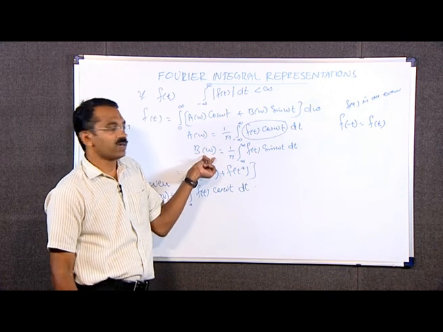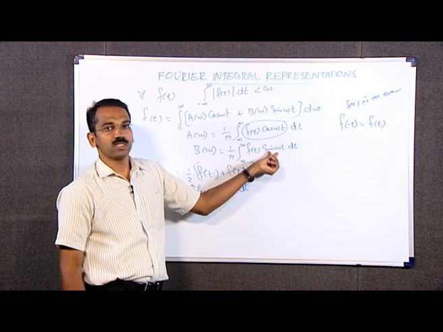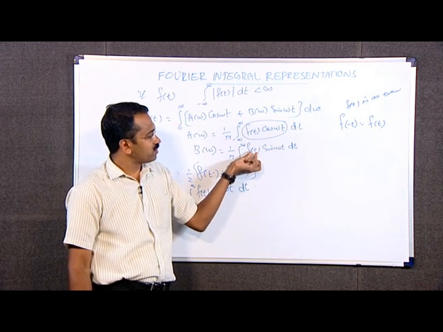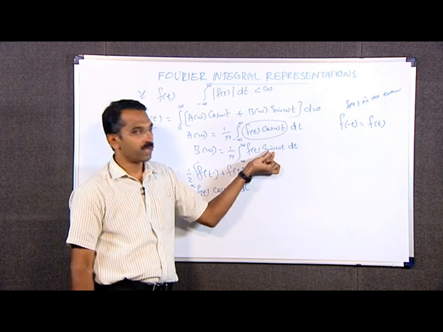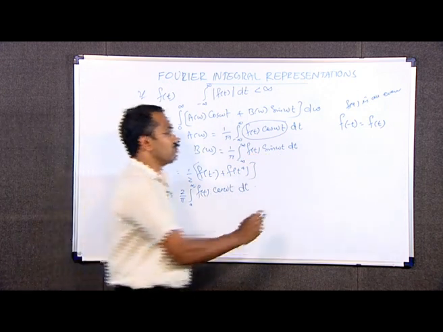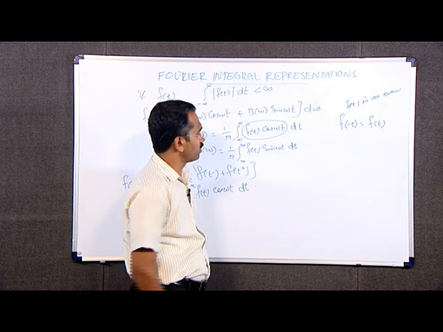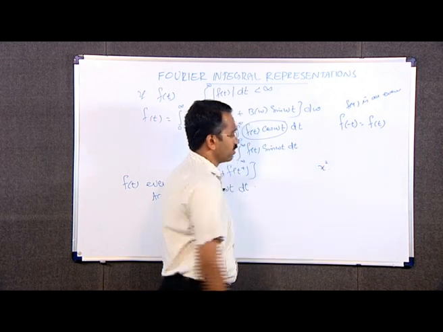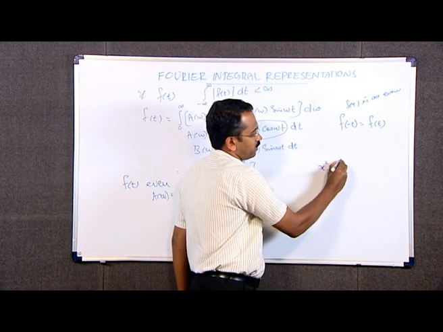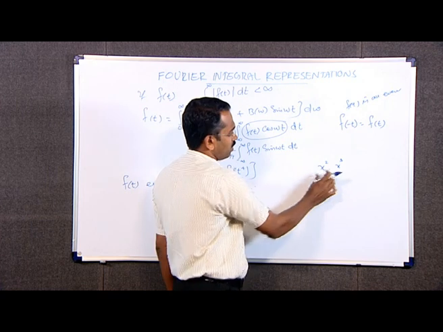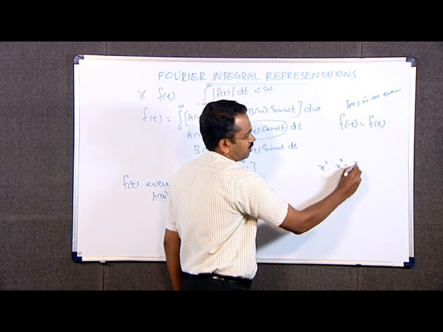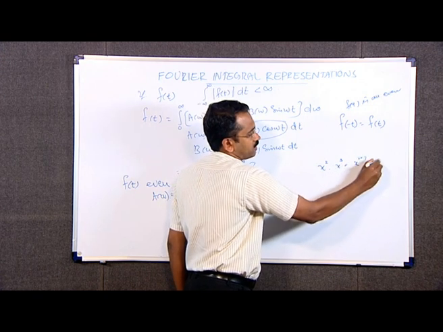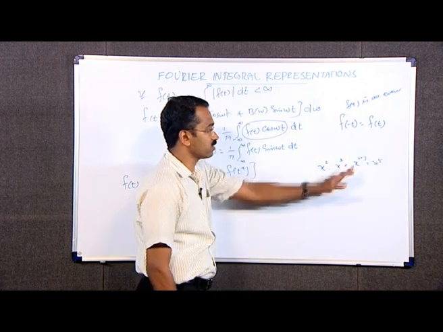Consider b omega. Here sin omega t is always odd and f of t is even, so an even function into an odd function is always odd. For example, x square is an even function and x cube is an odd function. This product is x raised to 2 plus 3, that is x raised to 5, which is an odd function.